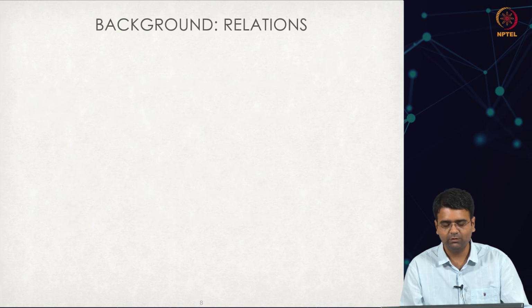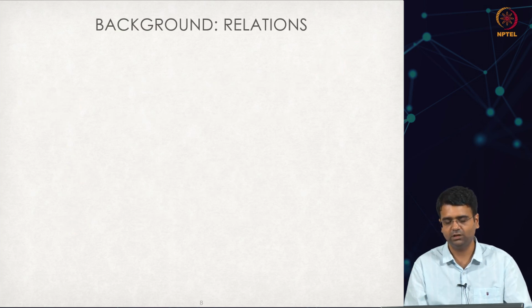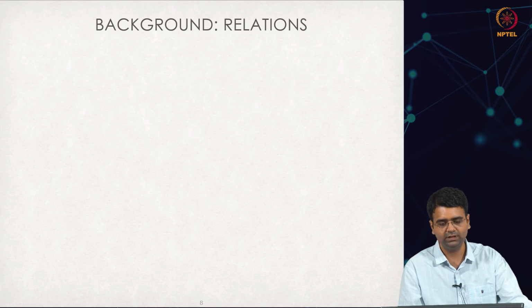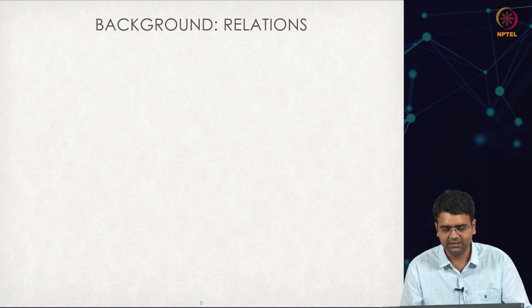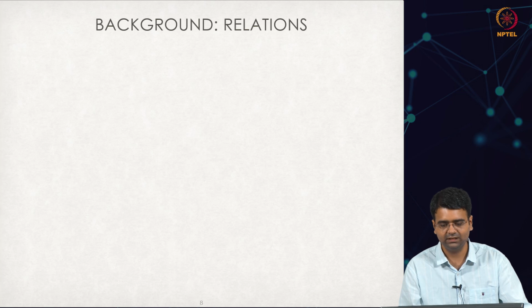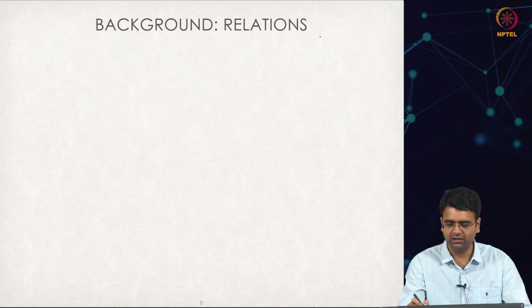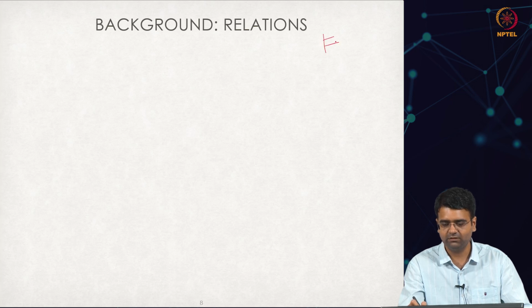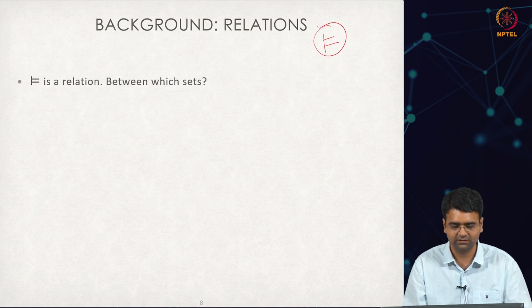Before defining the notion of an evaluation, let's introduce this notion of relations in discrete maths. In fact, this particular notation that we have defined, which is this models of, is actually a relation. So what is a relation?